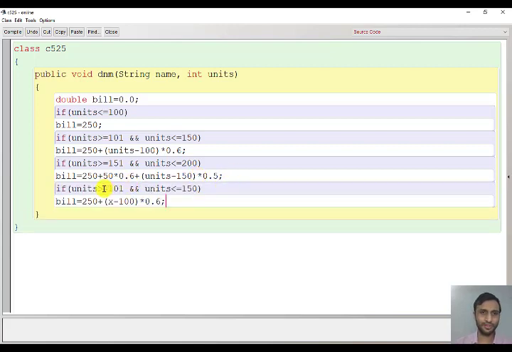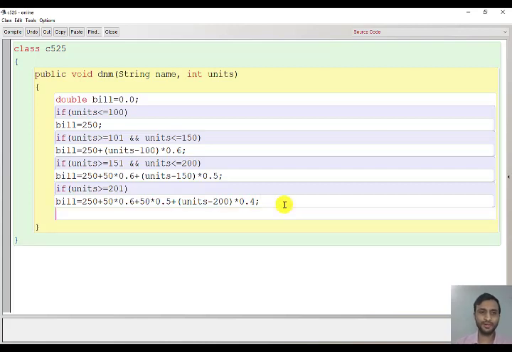Then whatever is more than 200, or you can write greater than equal to 201, 250 for the first, 0.6 for the next 50, then again for the next 50 it is 0.5, and the rest, whatever is more beyond 200, it will be 0.4.